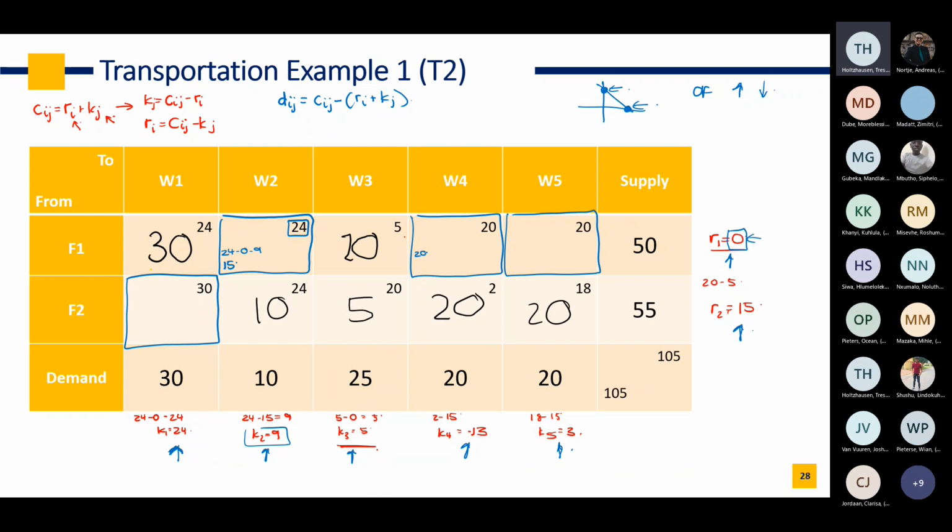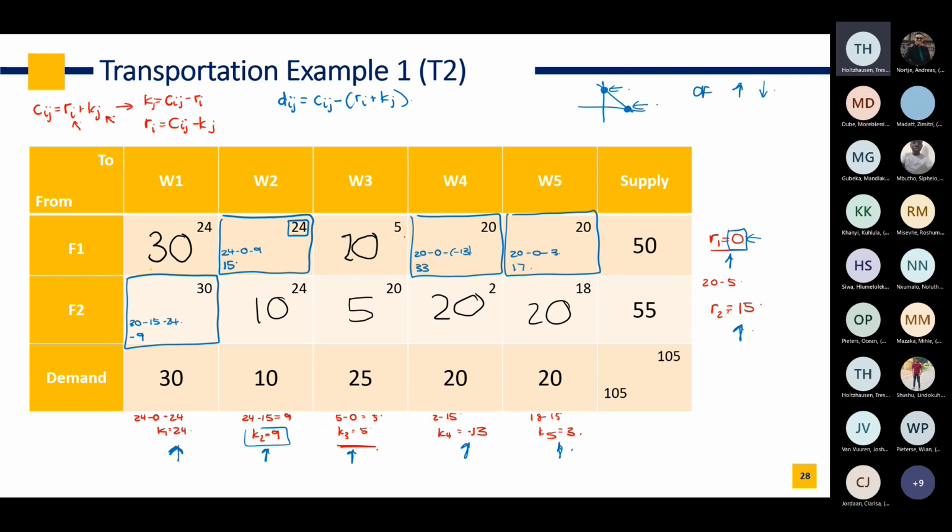We have 20 minus 0 minus 13, and in that case, it's going to give us 33. Then we have 20 minus 0 minus 3, and that's going to give us 17. Then we do the last empty cell of 30 minus 15 minus 24, and that is going to give us minus 9.